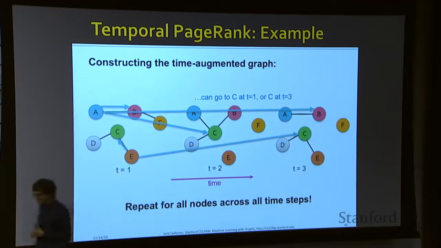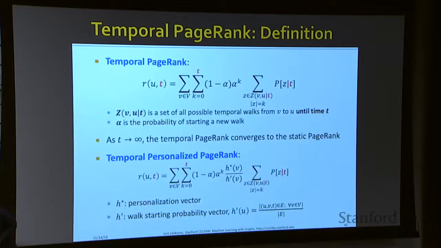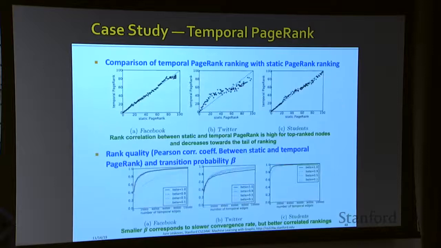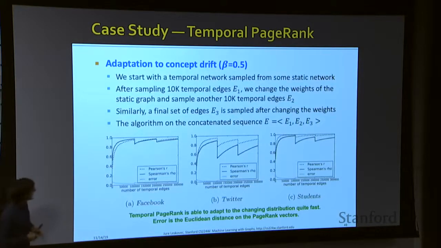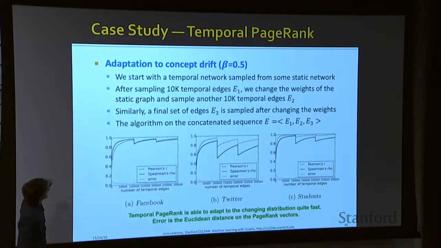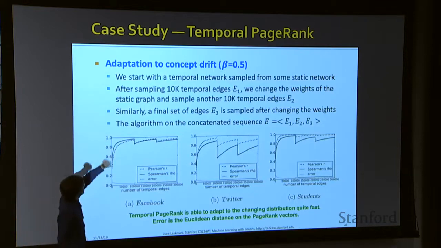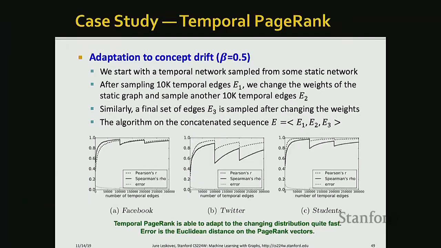So this is what I wanted to show you, and I want to show you just one experimental result. What these people did is they said, let's have this temporal notion of PageRank. Let's create a sample of 10,000 temporal edges, and then another sample of 10,000 temporal edges, and another sample of 10,000 temporal edges.